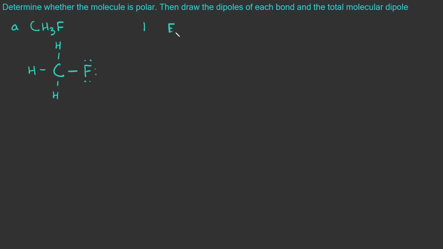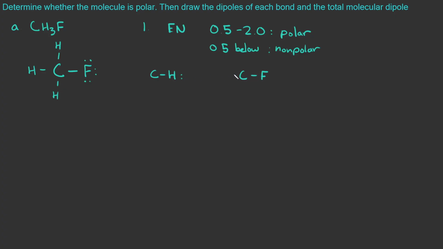Remember, the electronegativity difference has to be between 0.5 and 2.0 in order for it to be polar. If it's 0.5 or below, then it's nonpolar. In this case, we have 2 different types of bonds in this molecule.